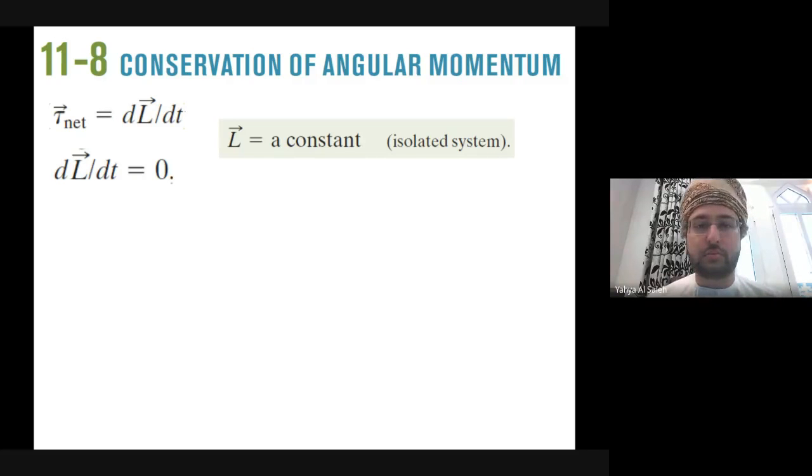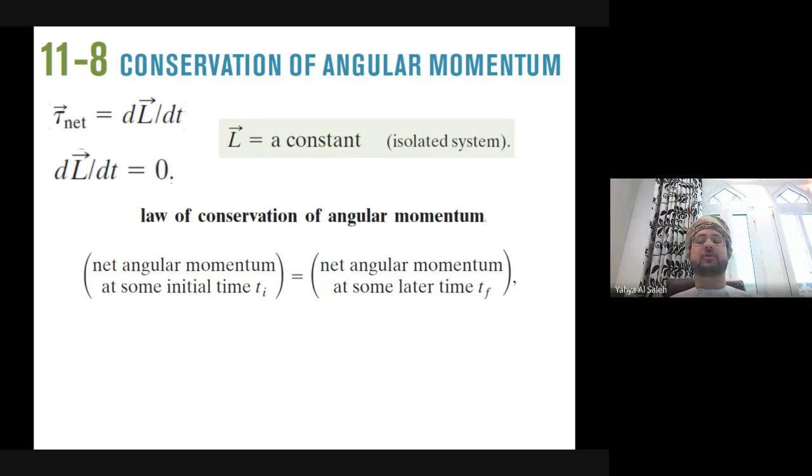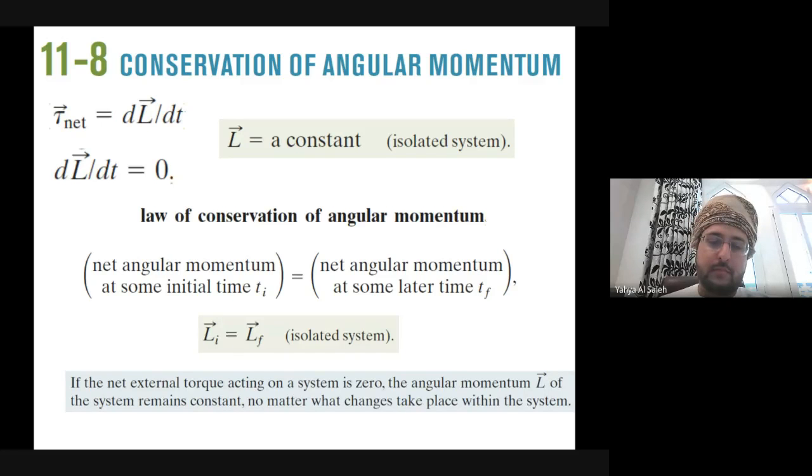Everything is internal. dL by dt is equal to 0, which means the only way I can have a differential of 0 is if final equals initial. So we end up with a law of conservation of angular momentum, where we say the net angular momentum before is equal to net angular momentum after. Li equals Lf. If the net external torque on a system is 0, everything is internal, then the angular momentum remains constant.